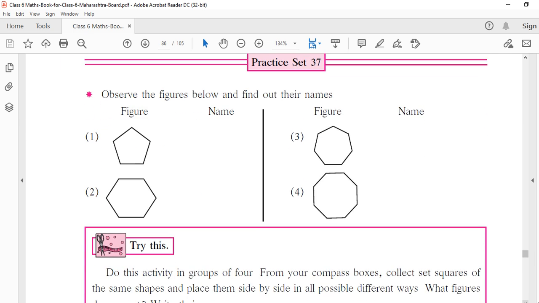Now let's move on to practice set 37. The first figure has 5 sides over here, right? First, second, third, fourth and fifth.